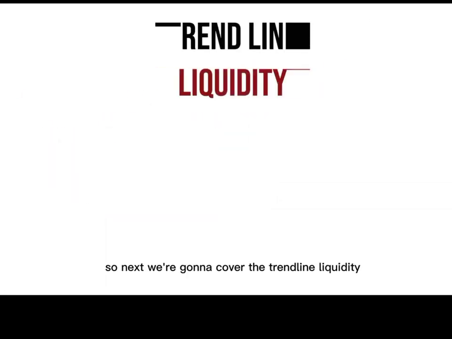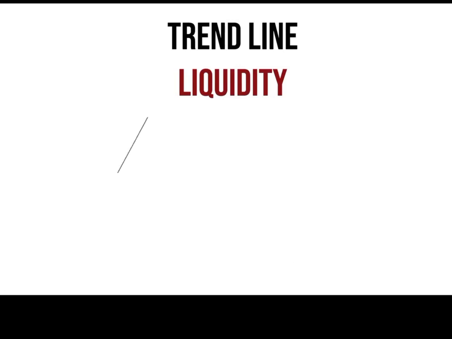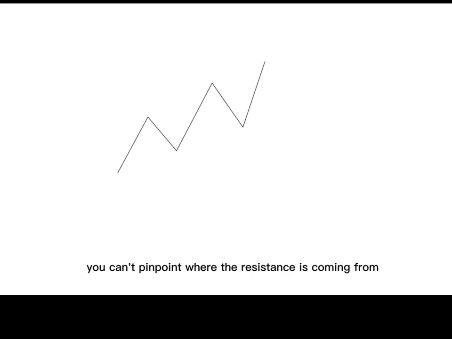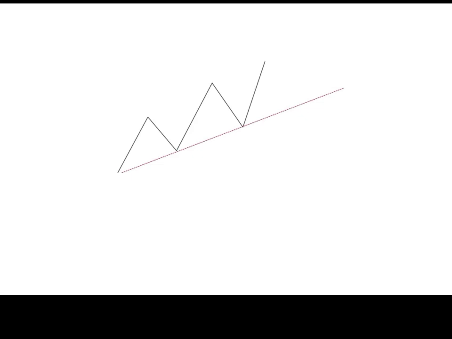So next, we're going to cover the trendline liquidity. If you look here, you don't see equal lows. You can't pinpoint where the resistance is coming from. Now, it could be coming from internal liquidity, but a lot of times retail traders use what you call a trend line. And now liquidity is resting underneath the trend line.